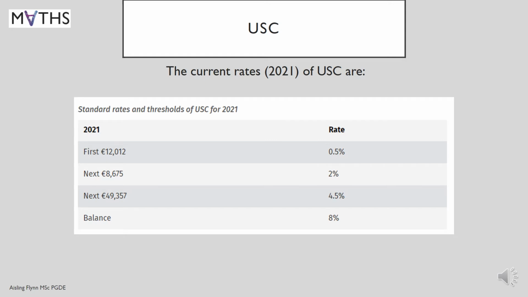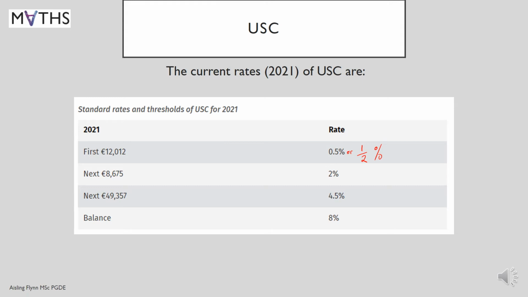Firstly, if you're a low earner, you may not have to pay a universal social charge at all, but most full-time workers will. So they will pay 0.5% on the first 12,012 euros.